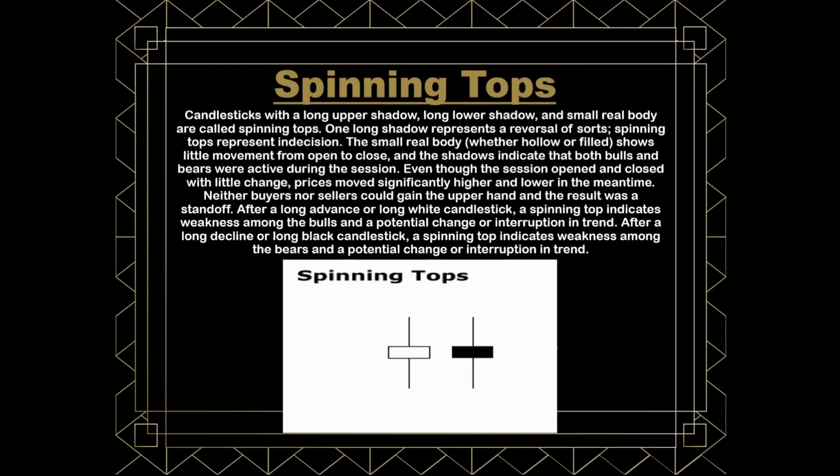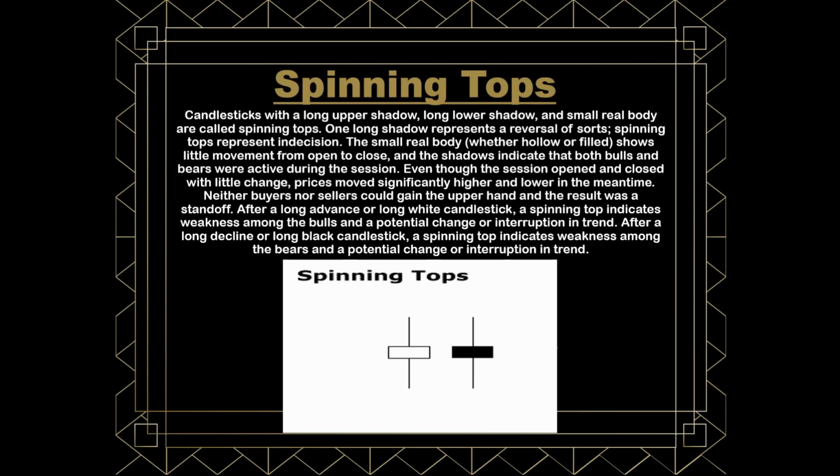Spinning tops. Candlesticks with a long upper shadow, long lower shadow, and a small real body are called spinning tops. One long shadow represents a reversal of sorts. Spinning tops represent indecision.